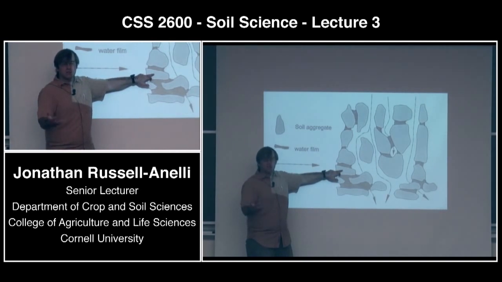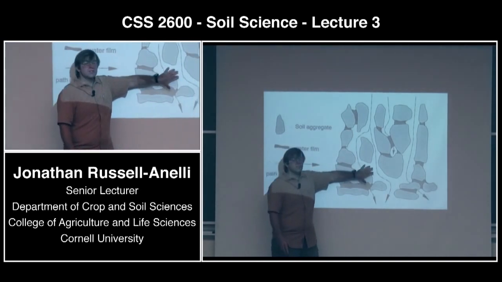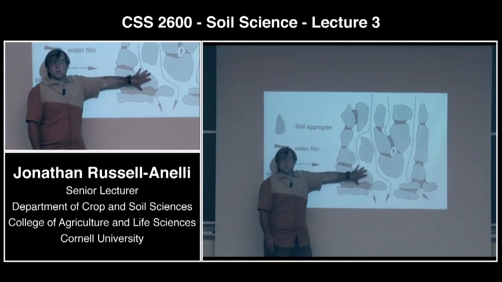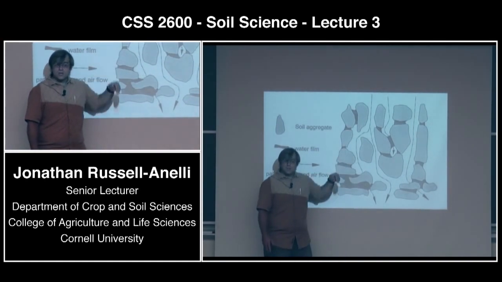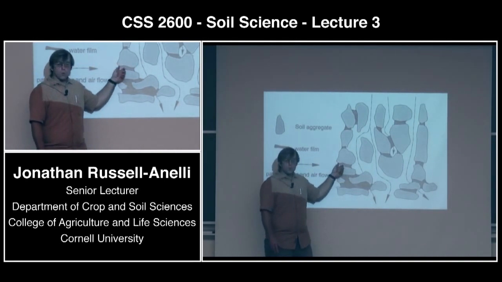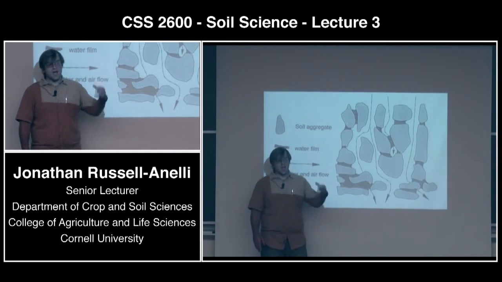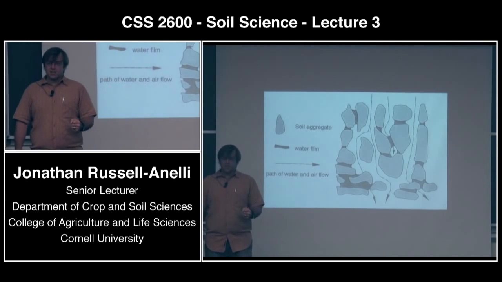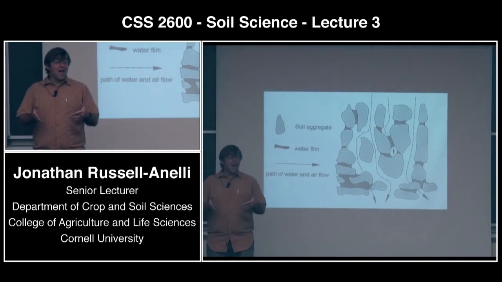The nature of the solid part controls the nature of the voids. If I have lots of small voids, I'm not going to be transferring a lot of water, but I'm going to be storing a lot of water. If, on the other hand, I don't have a lot of small pores, I'm more like a sand, I'm going to be transporting a lot of water. Does that make sense? This is why aggregates actually become very, very important.